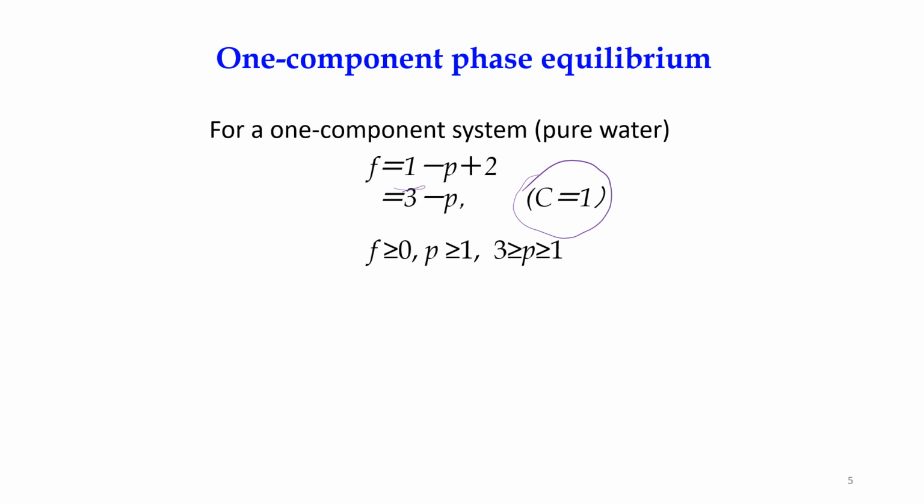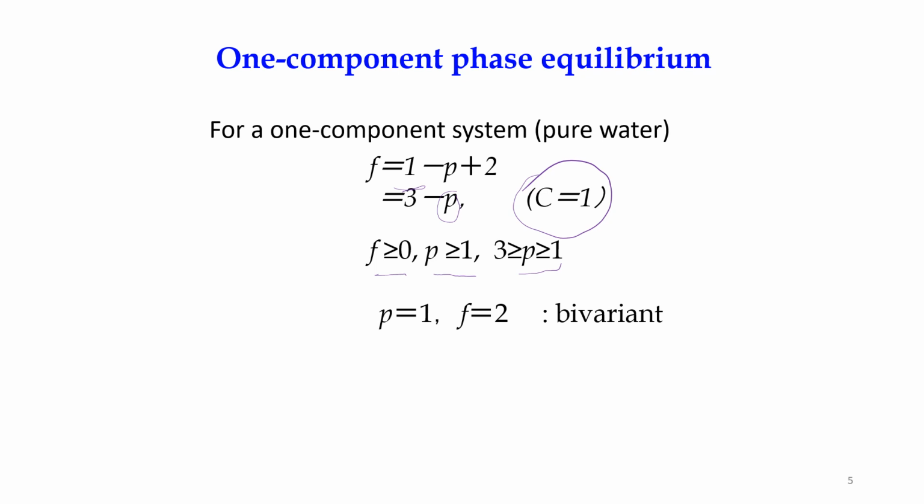And in this case, we have to consider that the degree of freedom must be equal to or greater than 0, and the phase must be equal to or greater than 1, and the value of P must be within 1 to 3. So let's replace the value of P here with 1, 2, and 3.